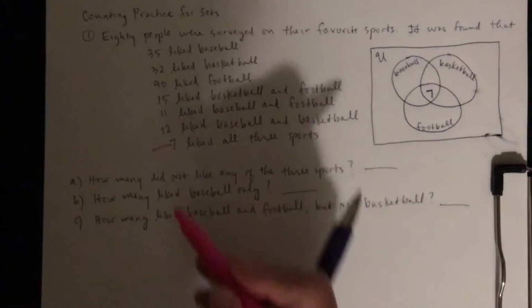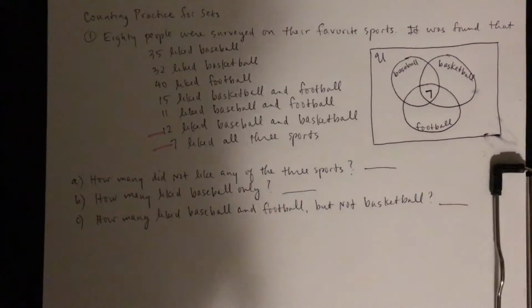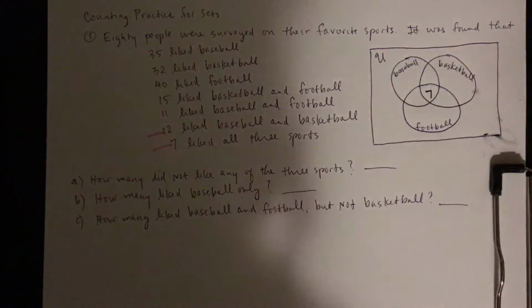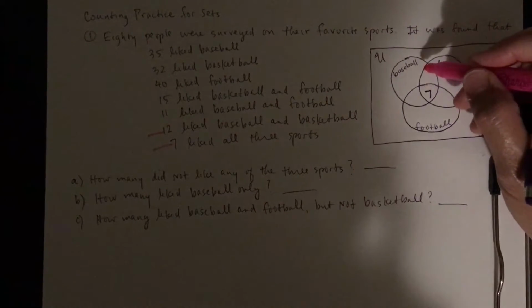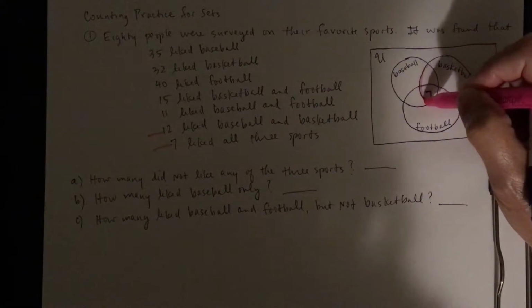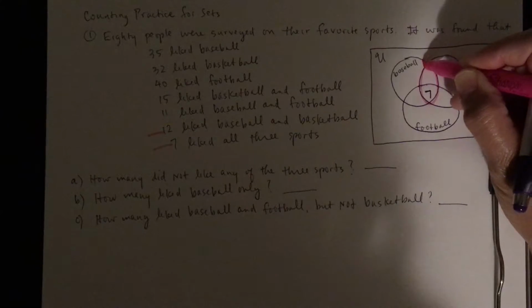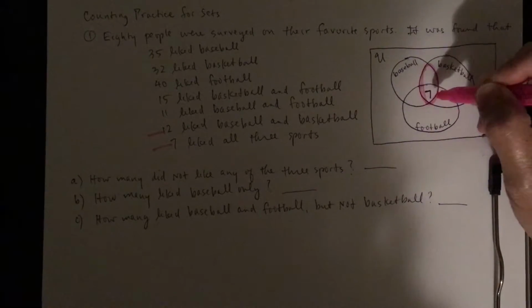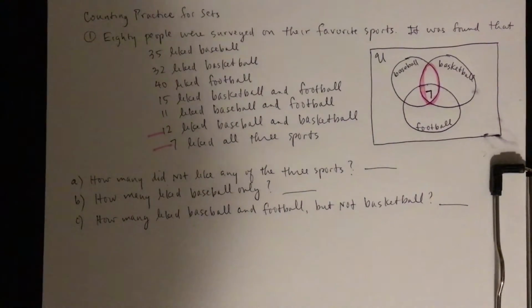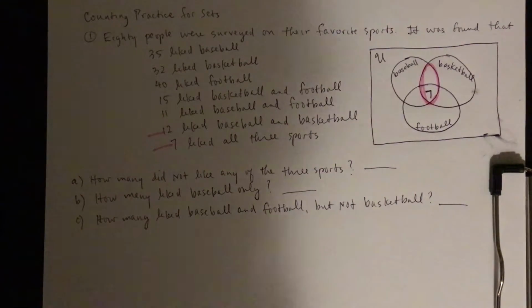12 liked baseball and basketball. So you have to find the portion on the Venn diagram for baseball and basketball, and that's this part right here. Now you'll notice of the 12 who liked baseball and basketball, 7 are already counted since we have 7 who liked all 3 sports.